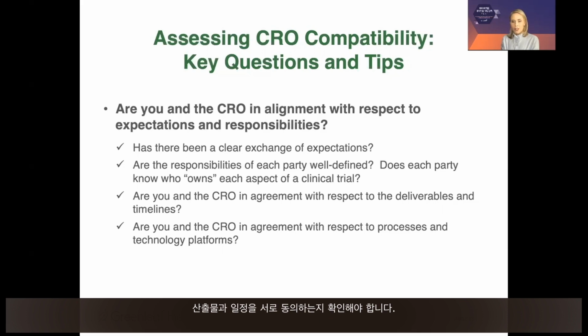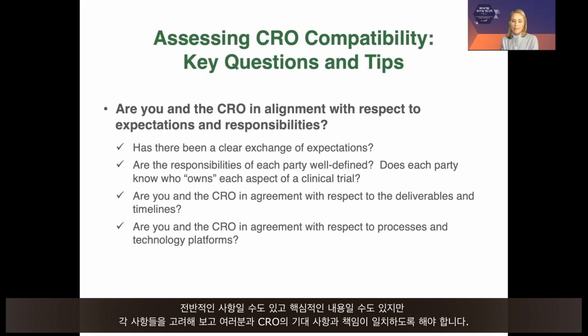You want to make sure you're in agreement with respect to deliverables and timelines. It can mean, are you in agreement with processes and technology platforms? It can be very high level, it can be very nitty gritty, but it's important that you think about each of these things and make sure that you and the CRO are in alignment on what those expectations and responsibilities are.